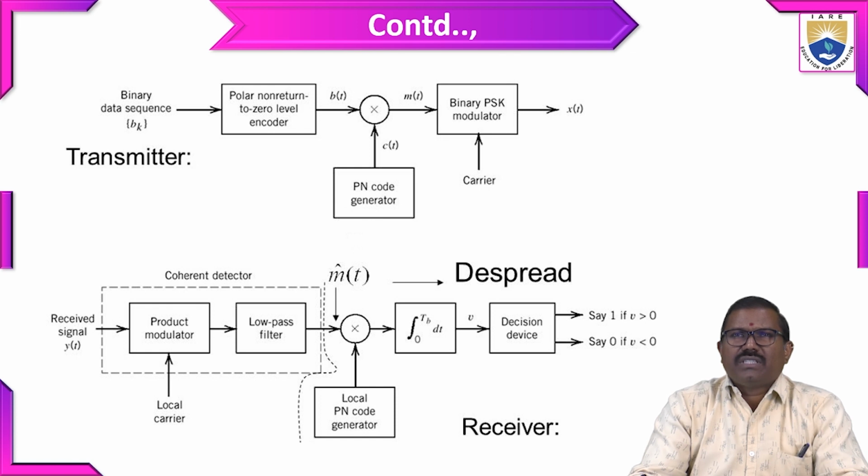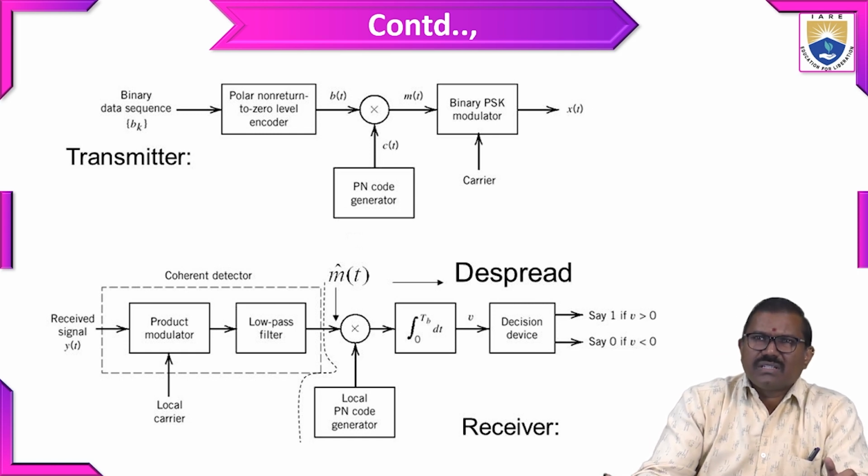In this picture we have the transmitter and receiver. In the transmitter, the binary data sequence is applied to a polar NRZ encoder, and the encoded signal b of t is applied to a modulator with a PN code generator, c of t. The produced signal m of t is again modulated using a PSK. So here we use double modulation.